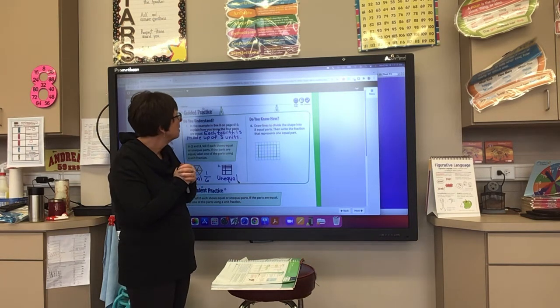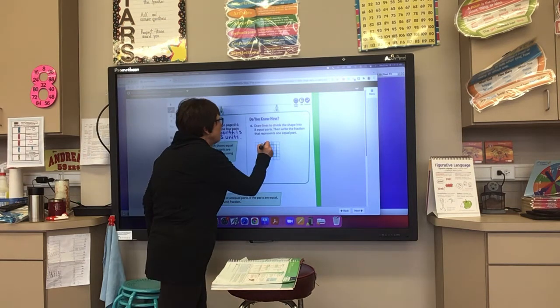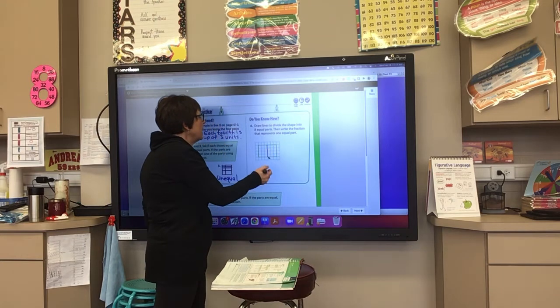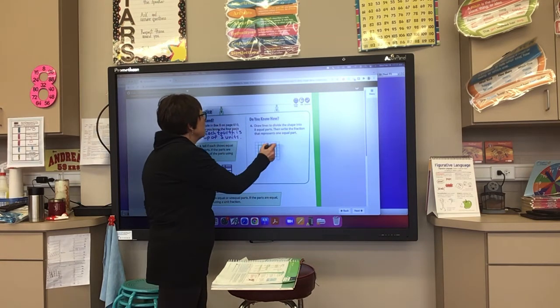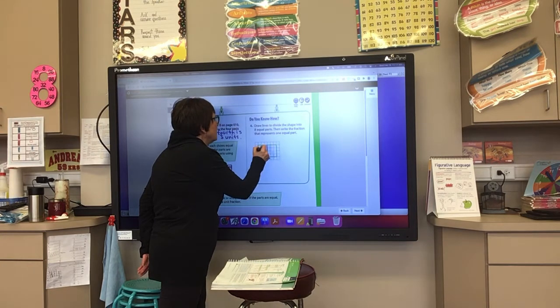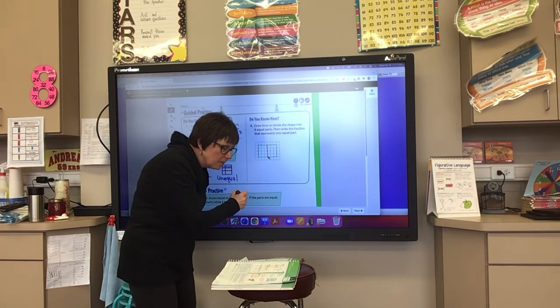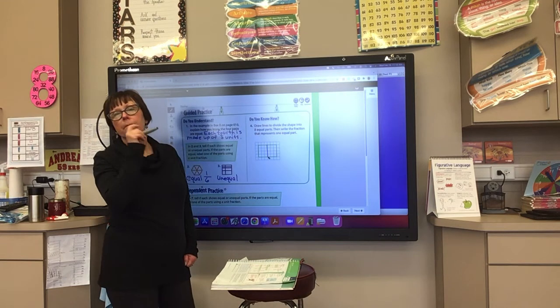Nina? To divide them. Let's divide it in half. So draw a line to divide it in half. That way, and then how about the other way, Nina? To draw in 8 equal pieces. How else am I gonna do it?